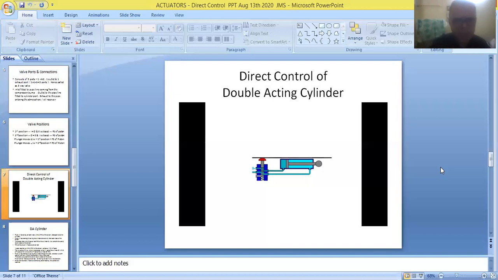And this is the second outlet of the DC valve, fitted to the pipeline which is entering the second port of the cylinder. And here we can see two exhaust ports.